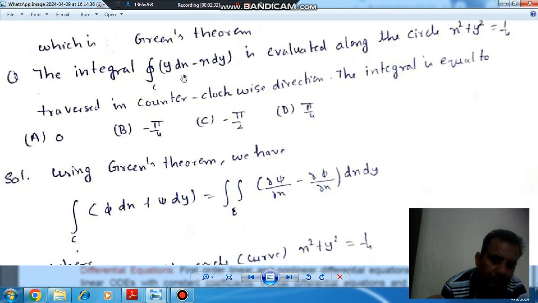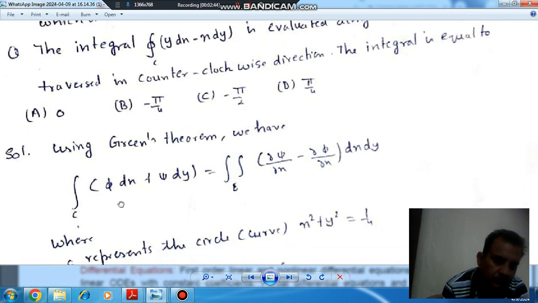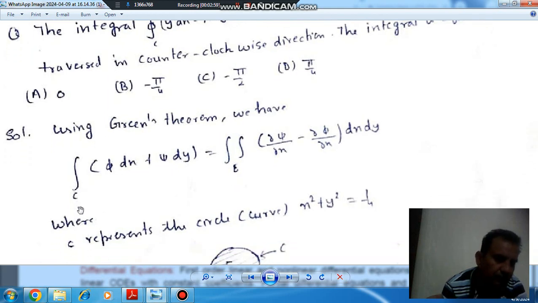So this is the given line or curve integral. If we take this form, here phi is your y and psi is your minus x. According to Green's theorem, phi dx plus psi dy will be (∂psi/∂x minus ∂phi/∂y) dx dy over region E, and this is the curve.